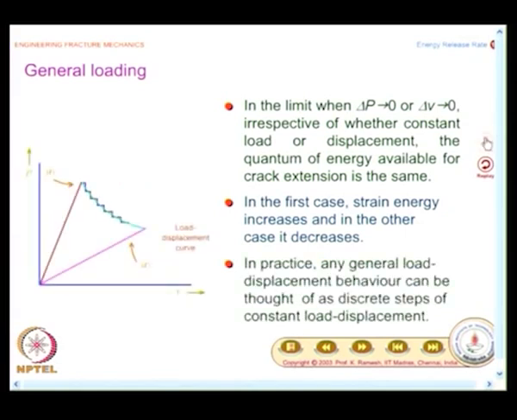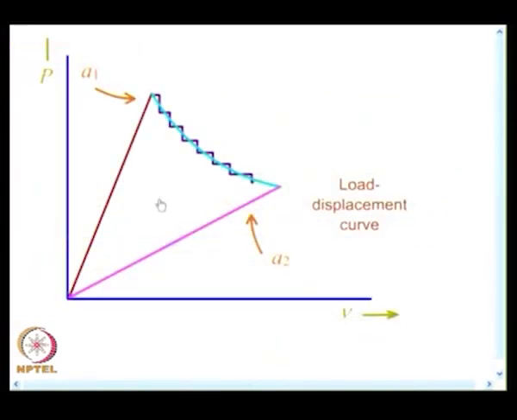In practice, any general load displacement behavior can be thought of as discrete steps of constant load and displacement. So, that is what is shown here. Maybe I could magnify it and then show. So, what I have is the load and displacement may vary in a generic fashion like this. This could be thought of as steps of constant load, constant displacement, constant load, constant displacement, and so on and so forth.